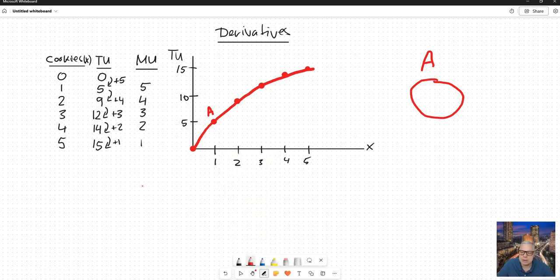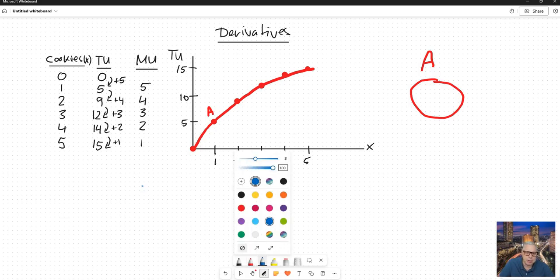Okay, so now at that point A, there is a slope. If you put the point of tangency there, you can see that the slope has a certain value, and it's pretty steep. It is much steeper than, for example, here.